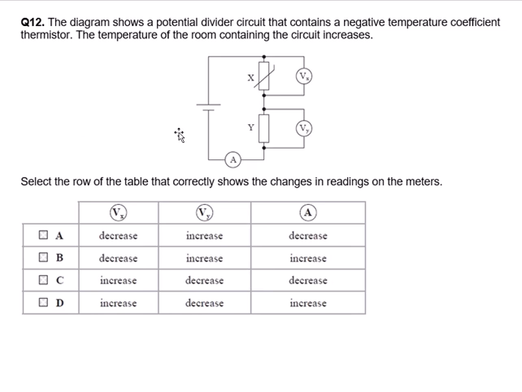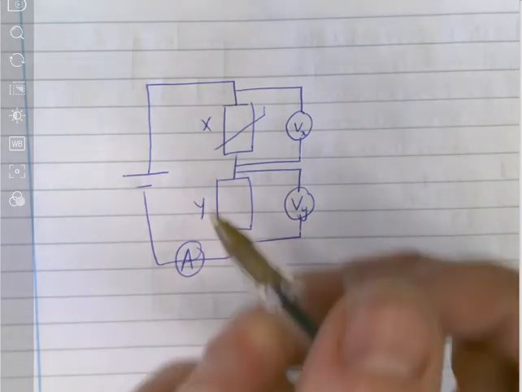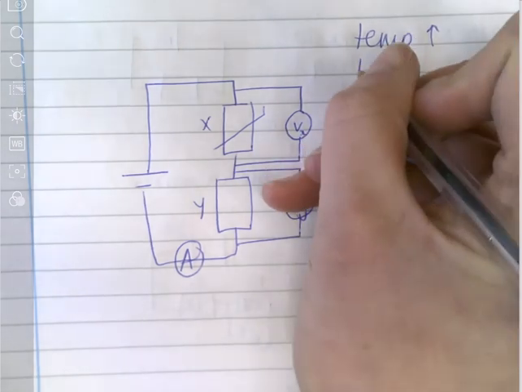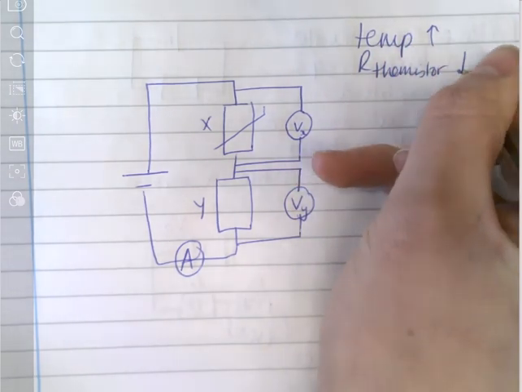Okie doke, so I'm just finishing drawing this into my little paper, just so I can look at it at the same time. Okay, so we're saying what happens as we increase the temperature. As I increase the temperature, what I will find is that the resistance of the thermistor will decrease.